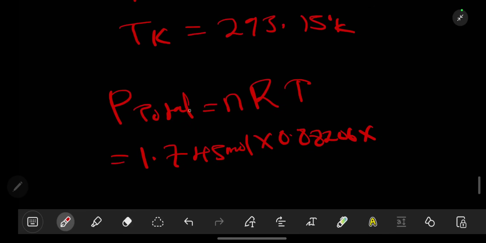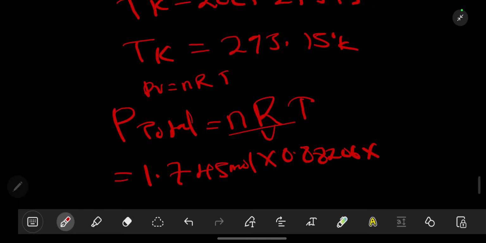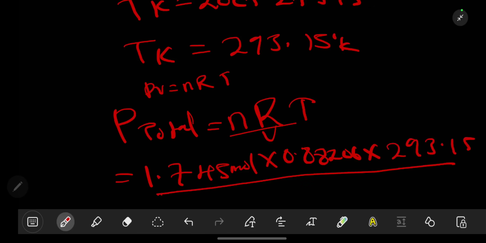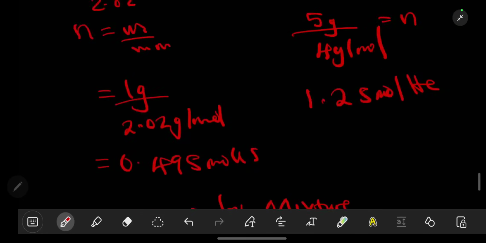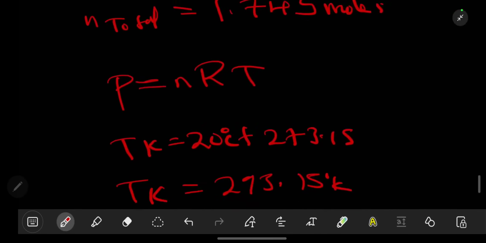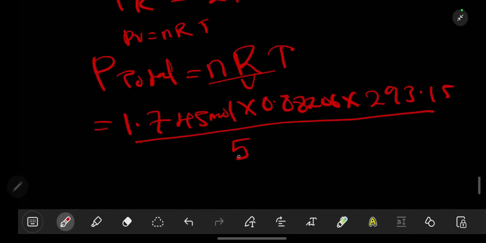So PV is equal to nRT, so we have to divide over V to make P the subject of the formula. The temperature we have found to be 293.15. We divide this by the volume, which is 5 liters.